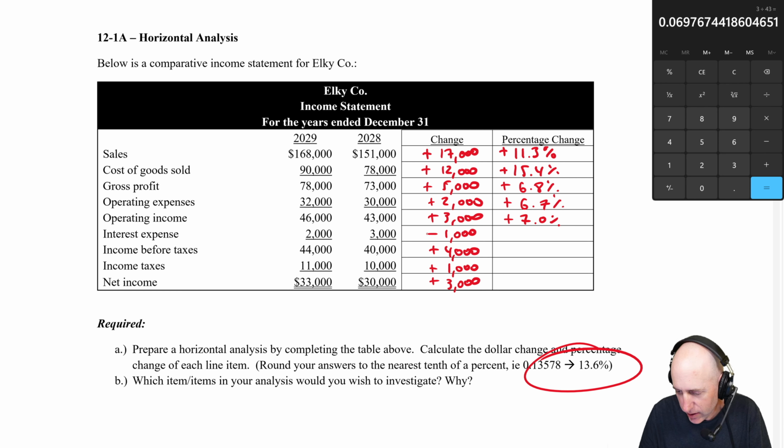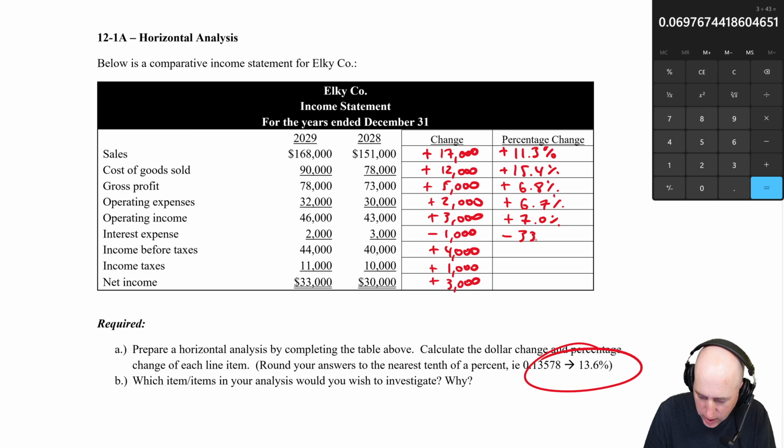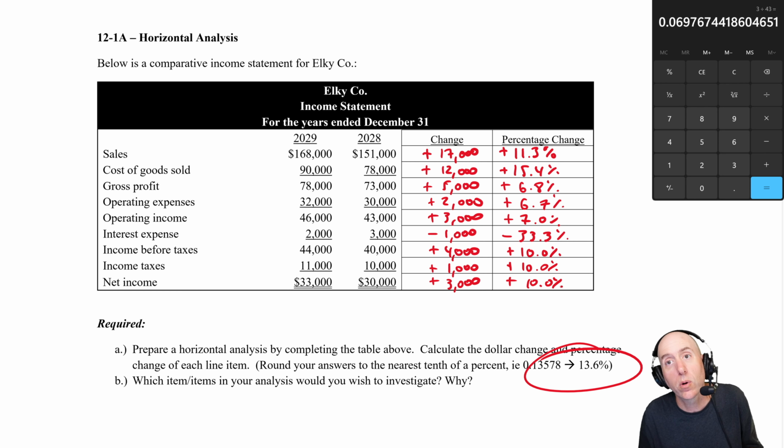Negative 1 divided by 3, well, that's negative 33.3%. 4 divided by 40 is 10%. 1 divided by 10, that's also 10%. Wow, actually a bunch of 10% here at the bottom. And 3 divided by 30 is also 10%. Okay, so we've done our horizontal analysis.